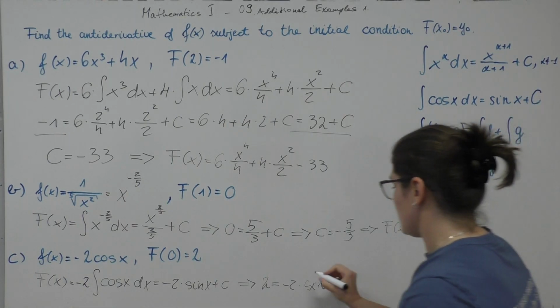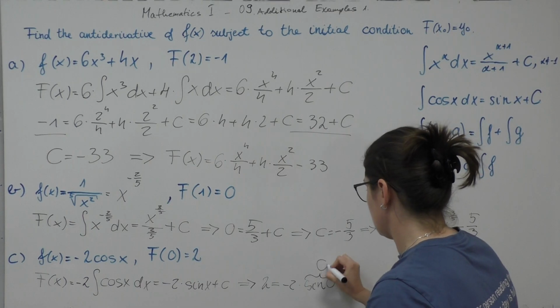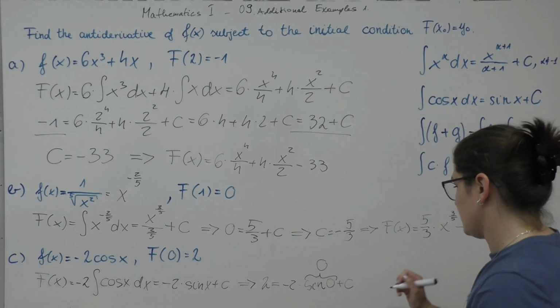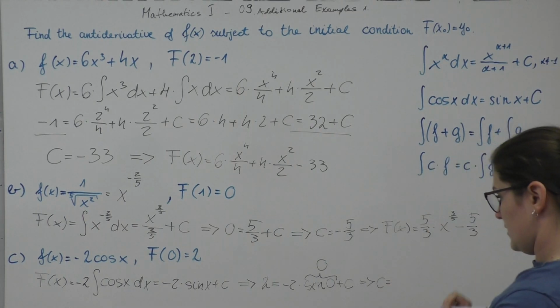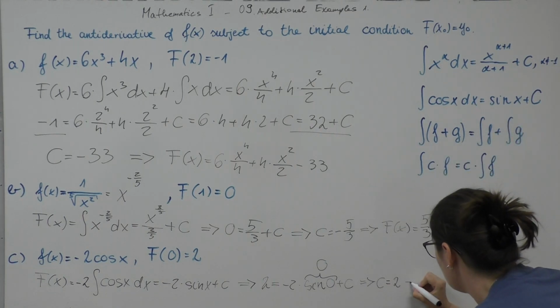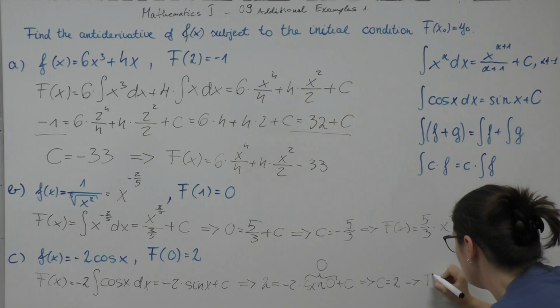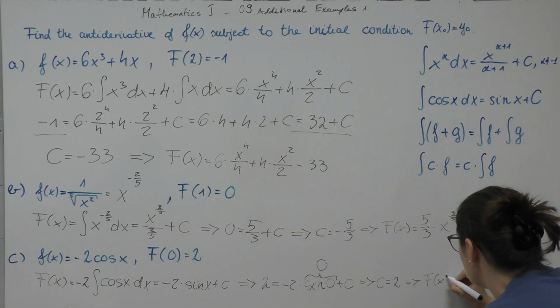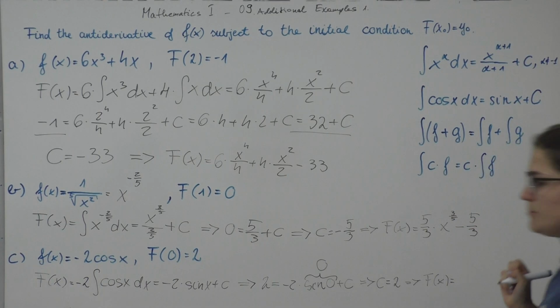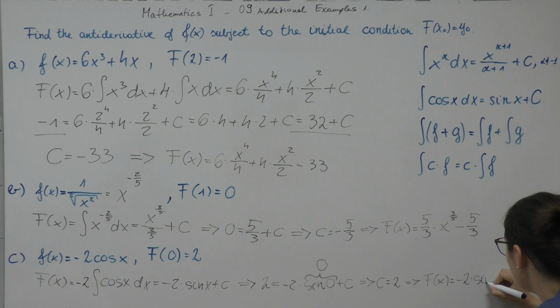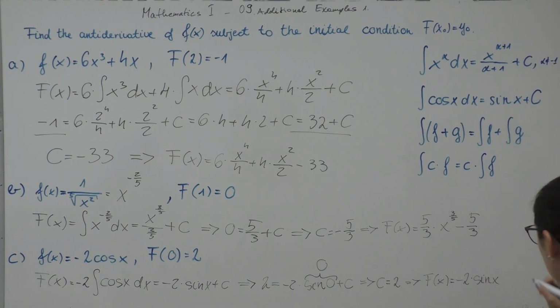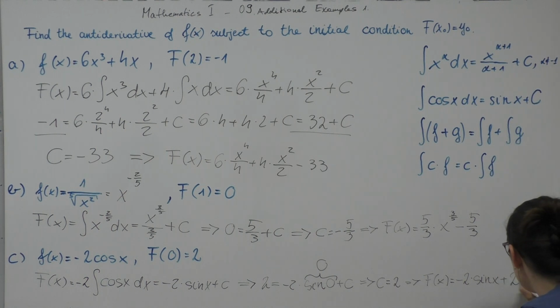The sine of 0 is 0, so from this it is clear that c equals 2, so we know now that capital F of x is gonna be, based on this, -2 times the sine of x plus 2.